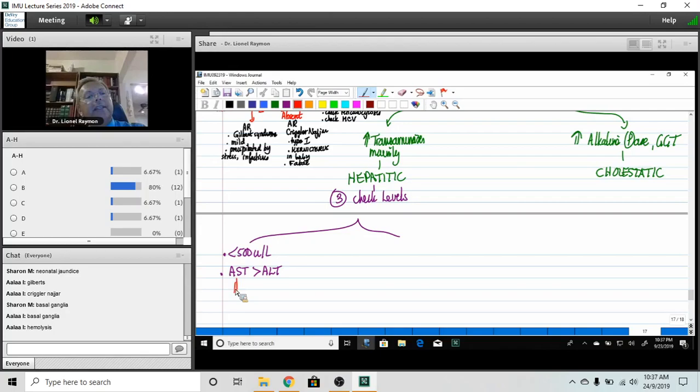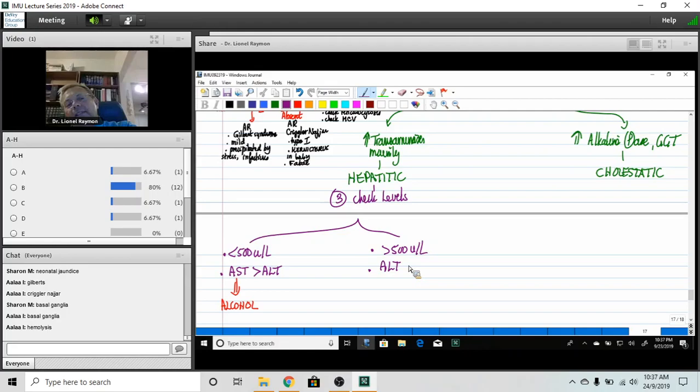Whereas when it's much higher than 500 units per liter, often in the thousands, and generally ALT is greater or equal to AST, but not that big a discrepancy between AST and ALT, then it's not alcohol.